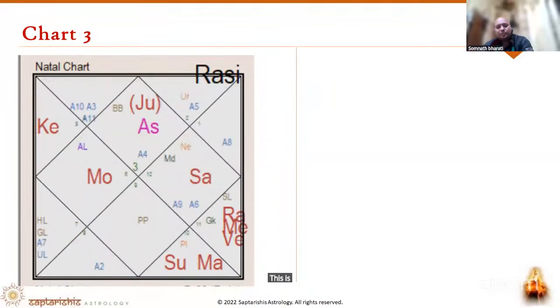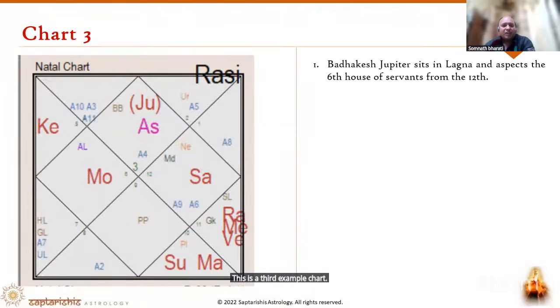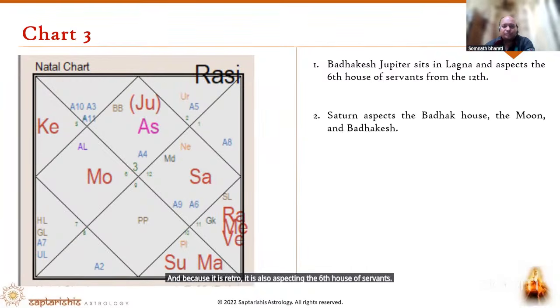This is a third example chart. Here we can see that for this Gemini Lagna, Jupiter, our Badhakesh, is sitting in the Lagna, and because it is retro, it is also aspecting the sixth house of servants. Saturn is aspecting the Badhak house, the Moon, and the Badhakesh.